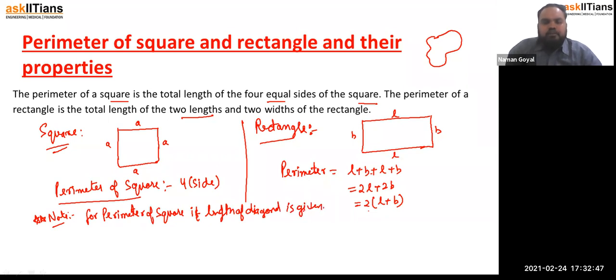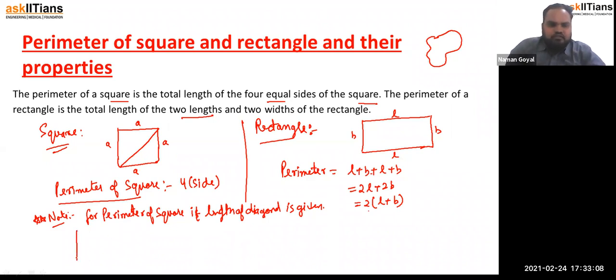Now my point is what? If the length of the diagonal is given, you know what a diagonal is? If I join these 2 points, this is the diagonal. So if the question is asking for the perimeter of a square and the diagonal length is given, they don't give you the value of the side. They give you the length of the diagonal.